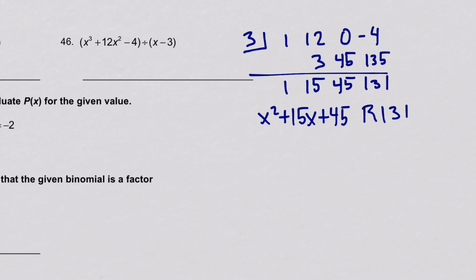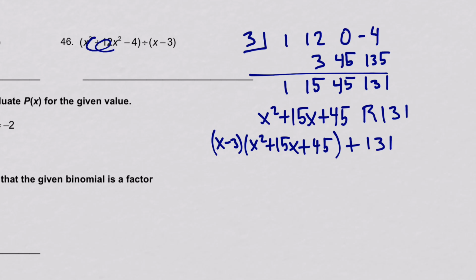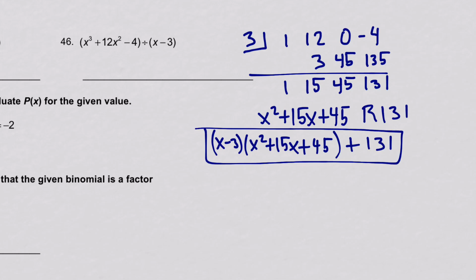So what we say is we write x squared plus 15x plus 45 times x minus 3 plus the remainder is equal to my original polynomial, this one right here. Okay, but that's basically all you need to write. When you multiply x minus 3 times x squared plus 15x plus 45, you will get x cubed plus 12x squared minus 4, as long as you add the remainder 131 at the end.